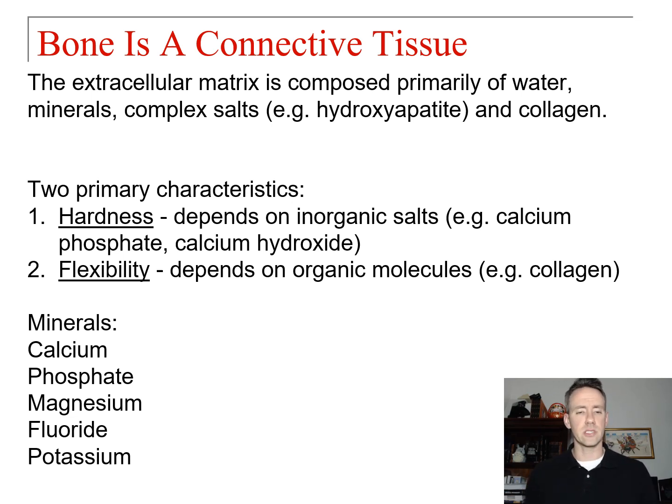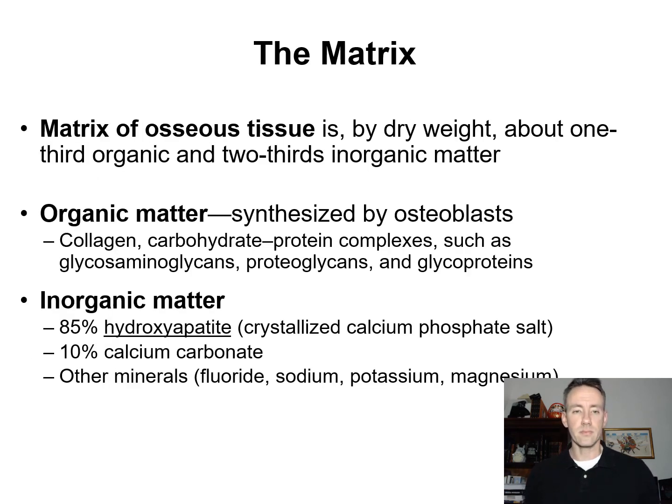There are other minerals included in the bone, as well as calcium and phosphates, which we talked about. Things like magnesium, potassium, and fluoride that you would see in the teeth, for example. So by dry weight, the bone is about 1/3 organic and about 2/3 inorganic material.